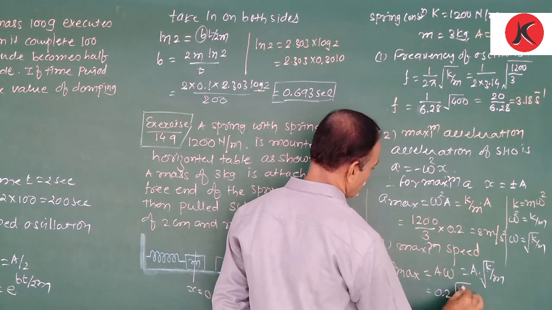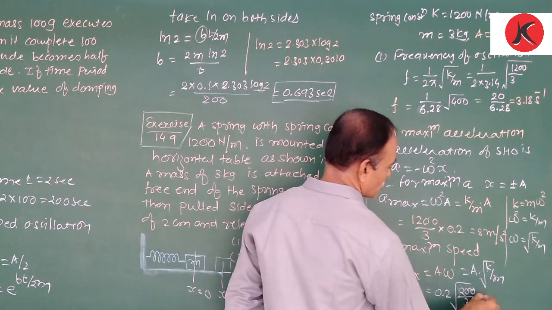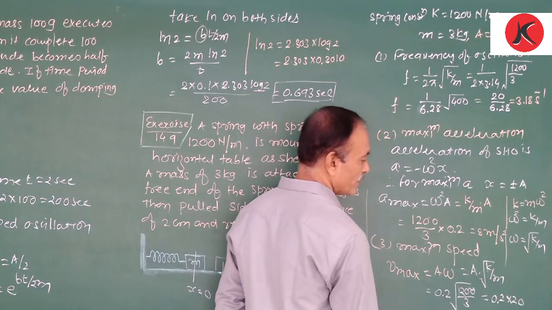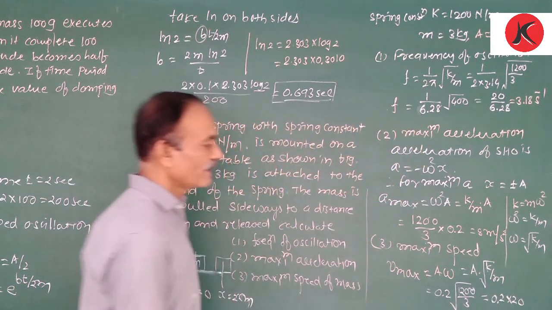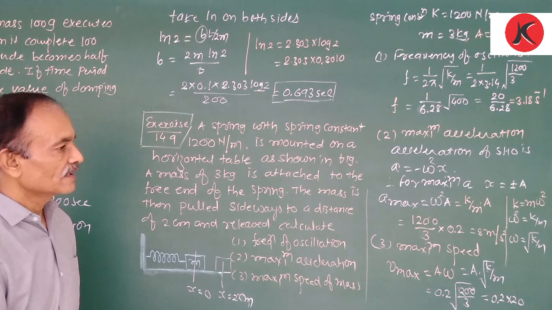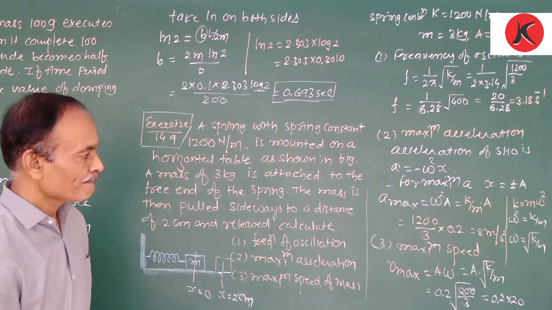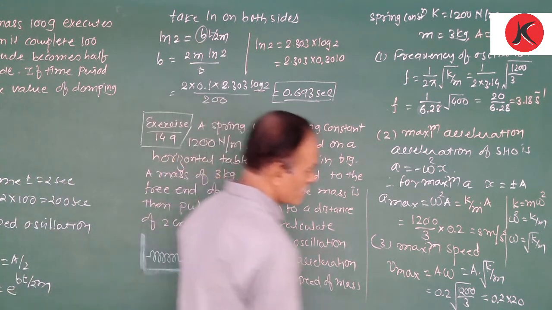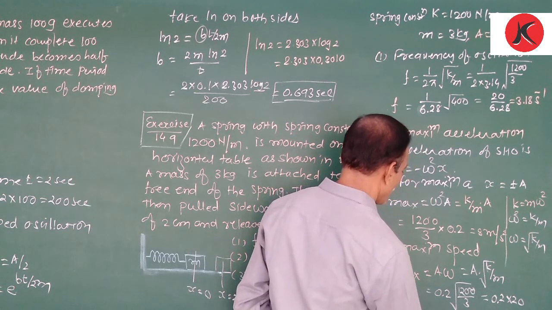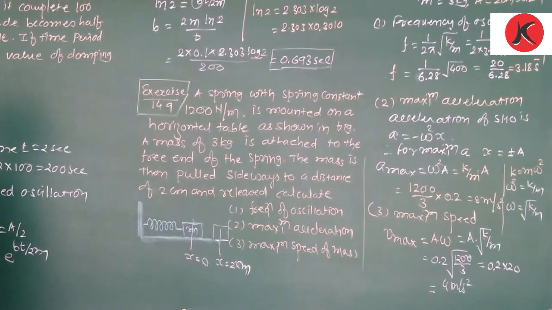Here, K is 1200 upon 3, so there is 0.2 into 20, so it is equal to 4 meter per second. That is the answer of the maximum speed.